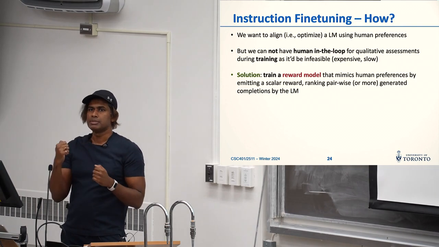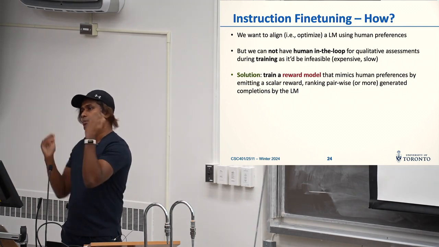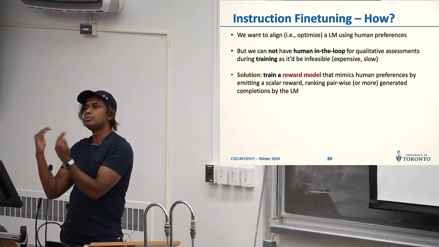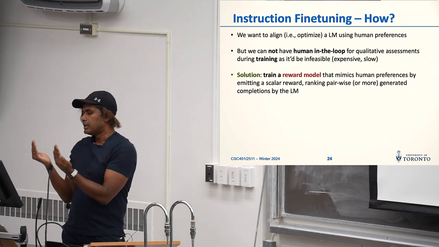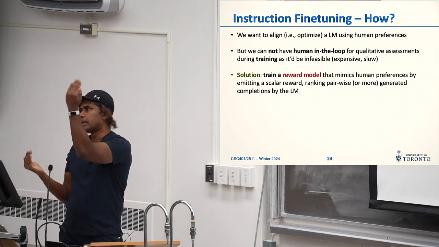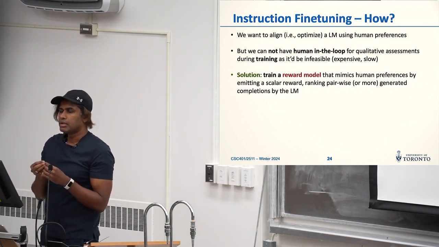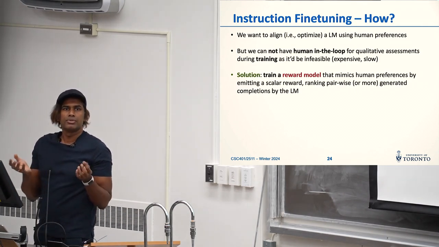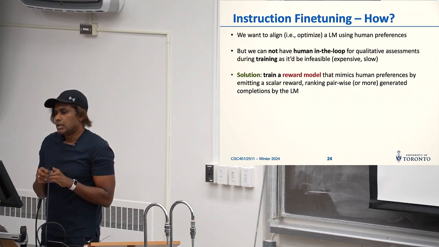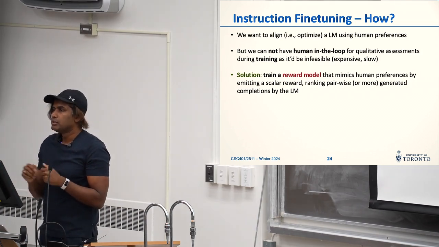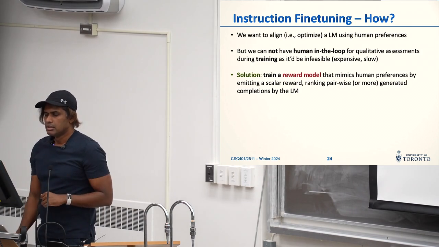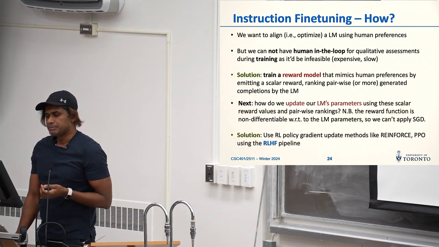So if you give a prompt, let's say X, and you have two completions, the human labeler looks at the two and says, I like this one better than the other. That's it. But if that's the case, then we can train a reward model that does the exact same thing, because we all know how to train a neural network model that will do binary classification, right? That's essentially the idea.